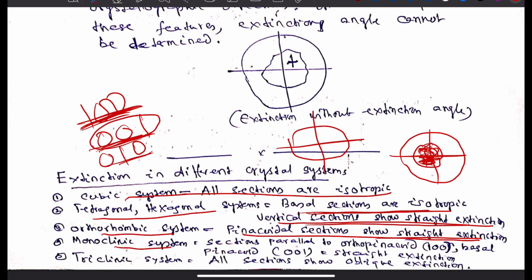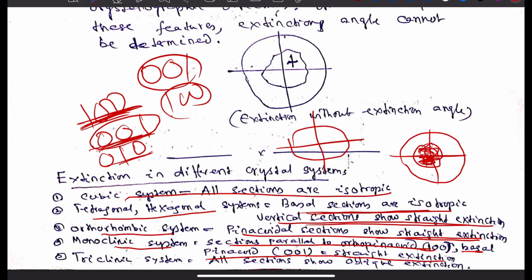Similarly, in the monoclinic system, the sections parallel to the orthopinacoid and basal pinacoid show straight extinction. These two sections in the monoclinic system show straight extinction. Others show oblique extinction. Similarly, in the orthorhombic system, except pinacoidal sections, other sections show oblique extinction.